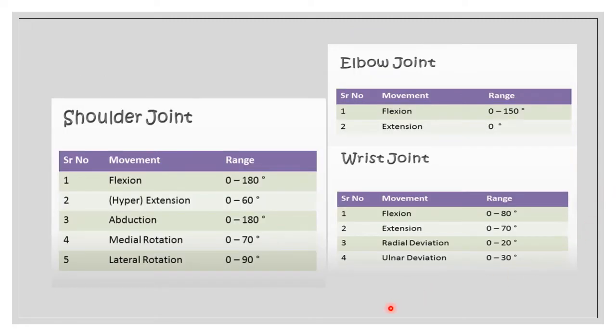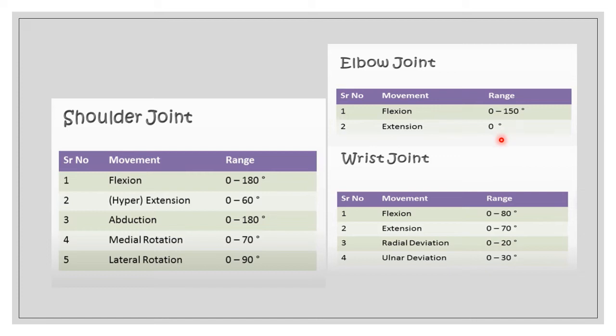The following are the ranges of motion of the upper extremities. Shoulder joint, the flexion is 0 to 180. The elbow joint is limited to the movements flexion and extension to 0 degrees.